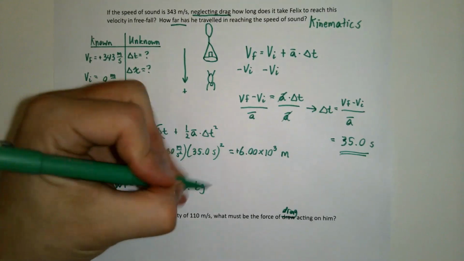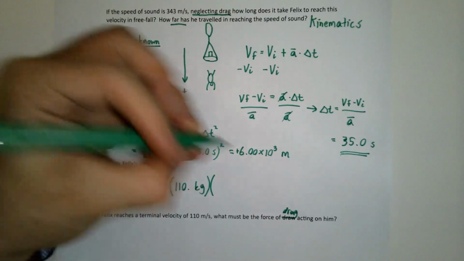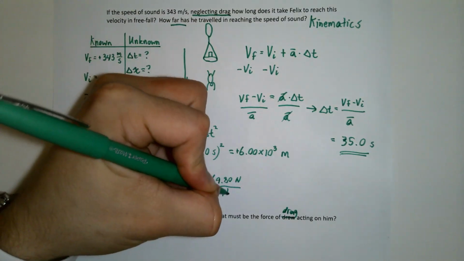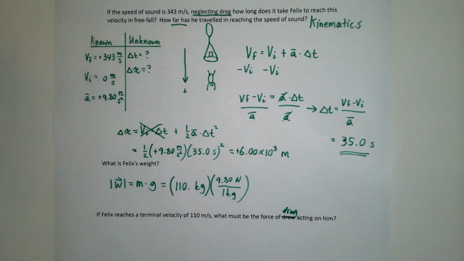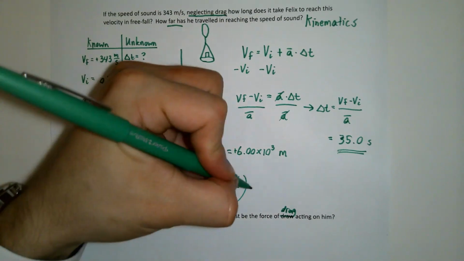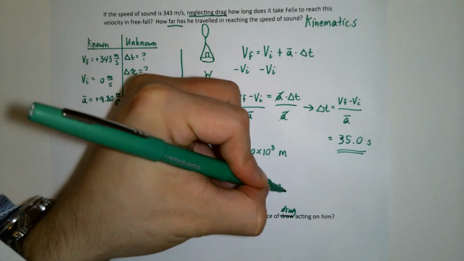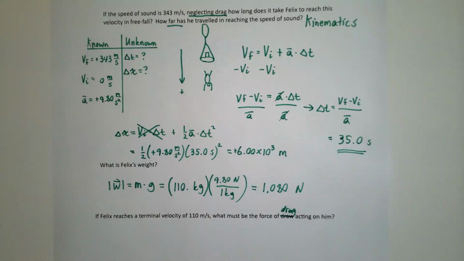110 kilograms is his mass. His gravitational field is that of Earth, 9.80 newtons for every 1 kilogram of mass. So we find to 3 significant figures that his weight is 1,080 newtons. If you put it in your calculator, you may get something like 1,078.